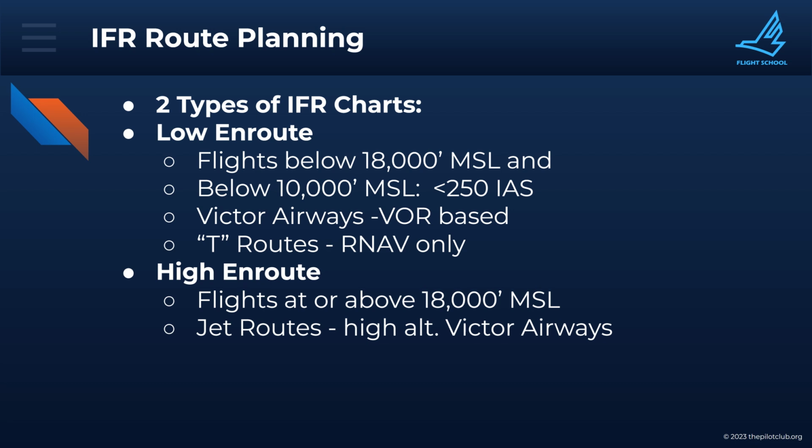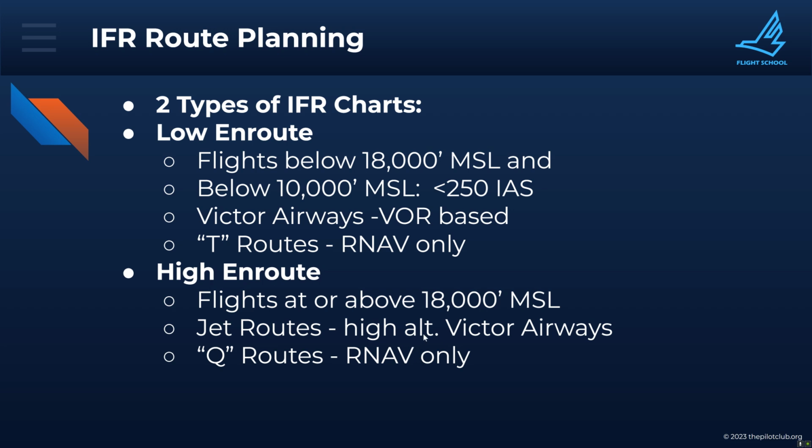You're going to have jet routes, which are high altitude Victor Airways. Same thing, VOR to VOR, but more specifically for jets at higher airspeeds. And you'll have Q routes on the high en route chart, which is your RNAV only routing.